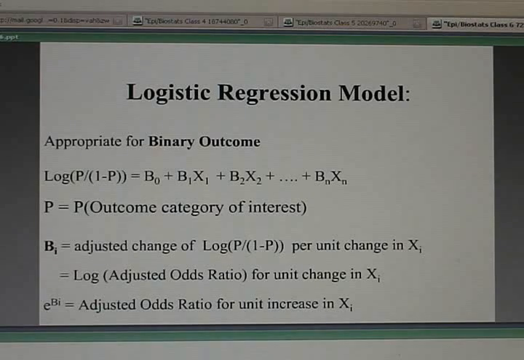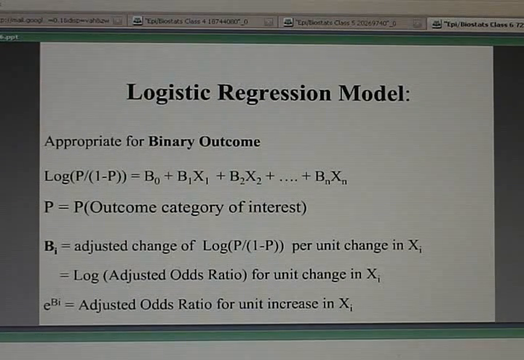Well, if your risk factor was cancer, coded as 1 and 0, the only way you can increase that by 1 unit is to go from not having cancer to having cancer. So for cancer, this was the odds ratio of cancer patients versus non-cancer patients. If X was age, this would be the effect of changing from 40 years old to 41 years old, or 50 to 51, a 1 year increase in age.